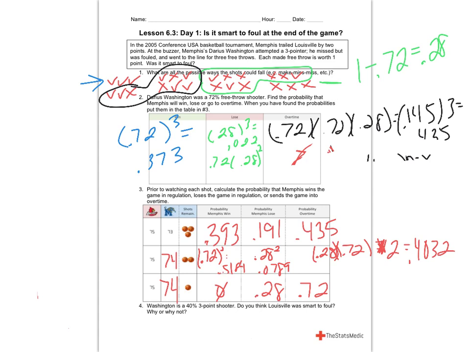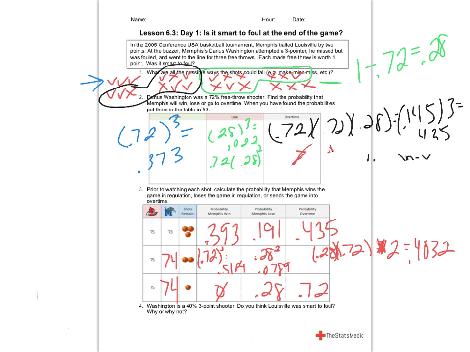Okay, so again, he was lined up to take the three-point shot, and they would have won the game if he'd made it. So at that time, Memphis had a 40% chance of winning, 60% chance of losing, which means Louisville had a 60% chance of winning and a 40% chance of losing.